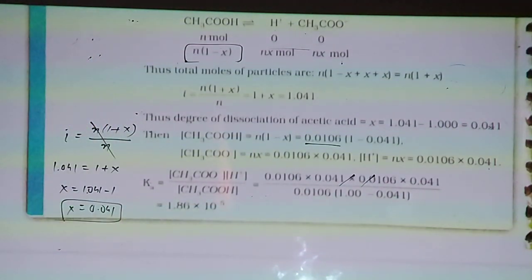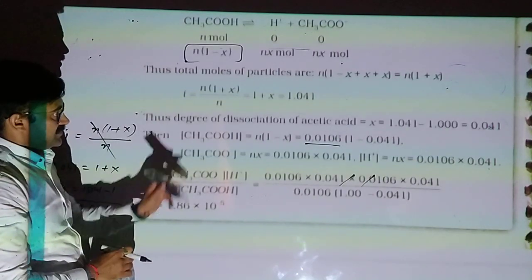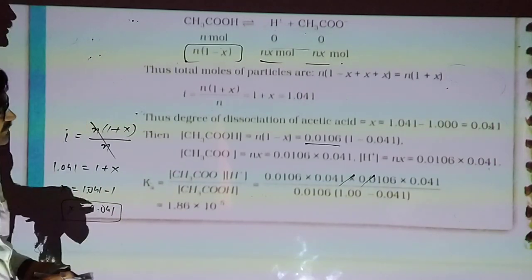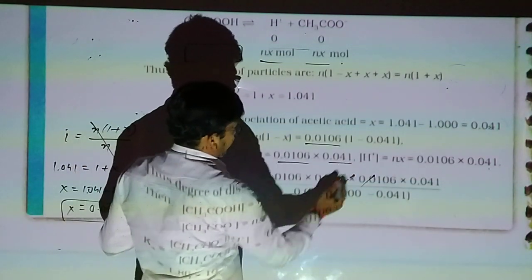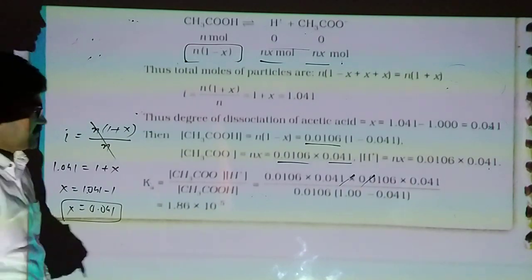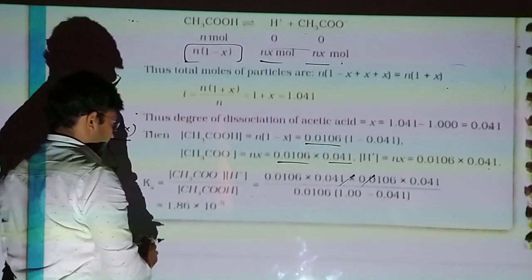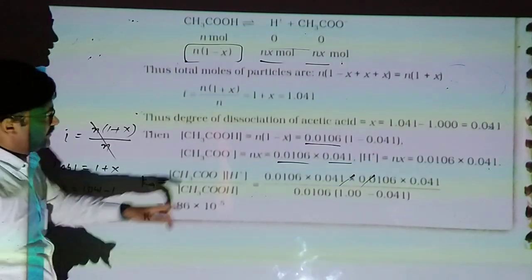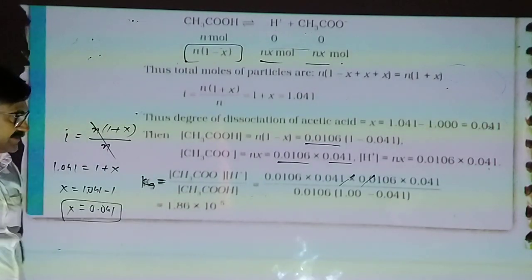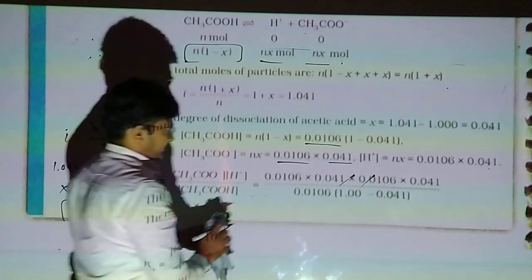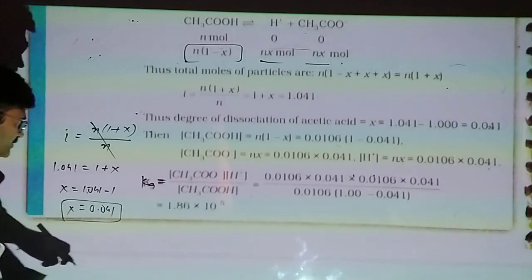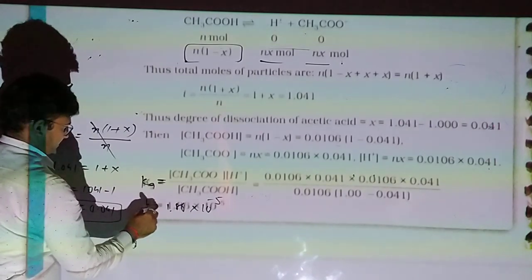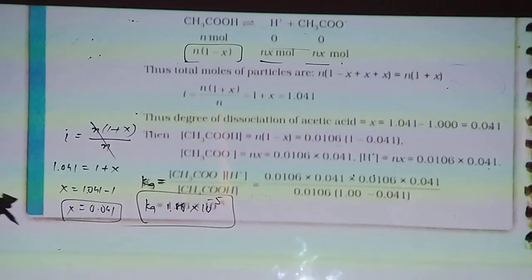Now the concentration of acetate and H plus is equal to nx, so the moles multiplied by x, 0.041. So both are the same. Now we know equilibrium constant means concentration of the products upon concentration of the reactant. So after putting all the values we get 1.86. This one is the dissociation constant.